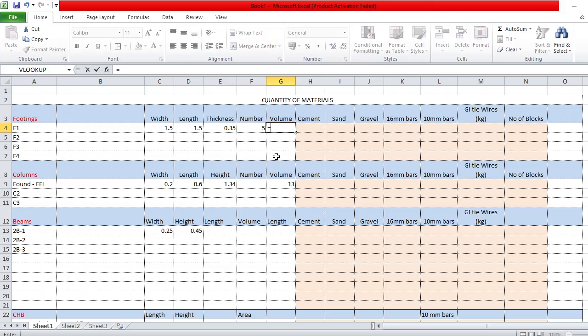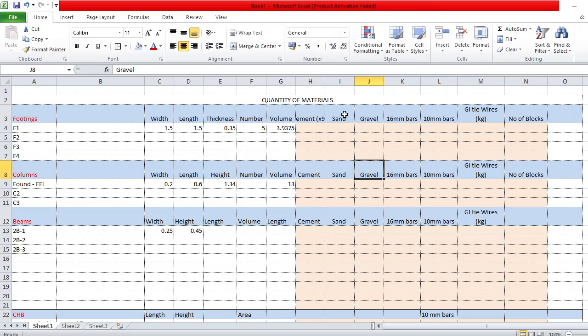Excel formula is equal to width times length times thickness times number equals. Okay? So, kunyari, ang cement natin, if we are to use class A, you will multiply, diba? If you will use class A, we may multiply this by 9. Diba? Bali, times 9.